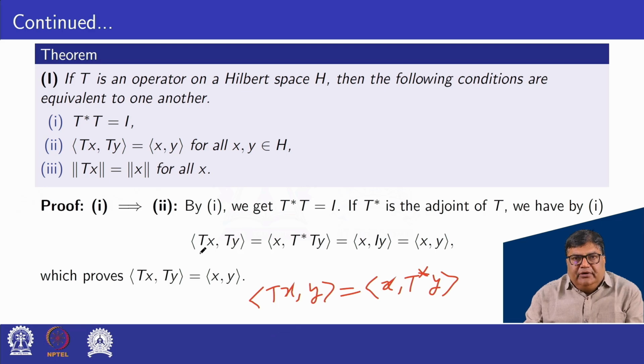Since T star T is equal to I, we can write this as the inner product of x and the identity operator applied to y. Identity of y is y. Hence, the inner product of x, Iy equals the inner product of x, y. So the second is proved: the inner product of Tx, Ty equals the inner product of x, y.